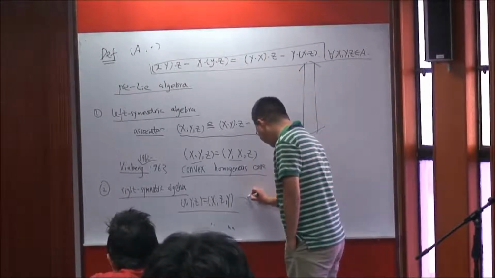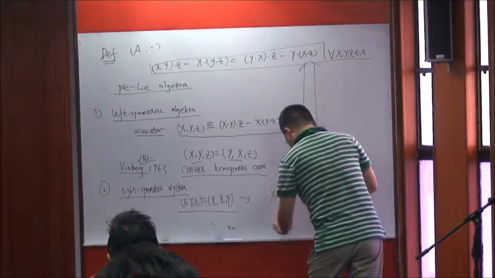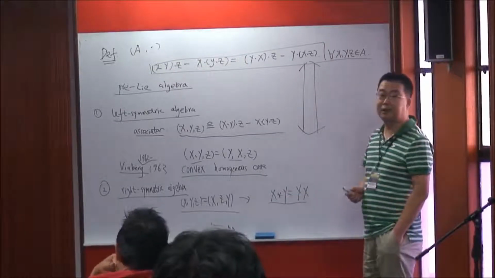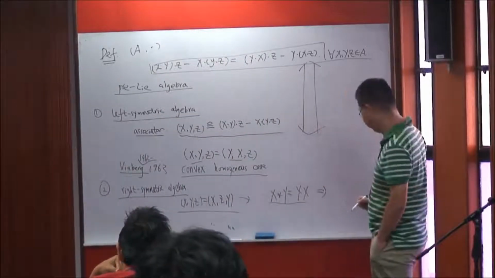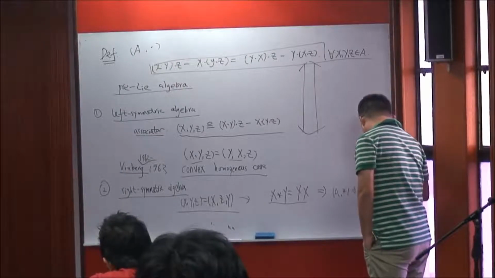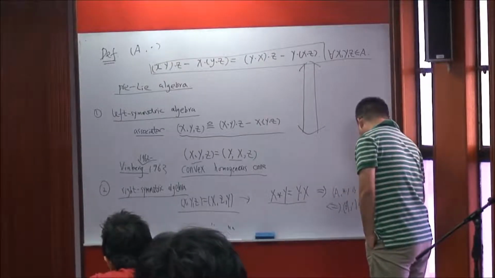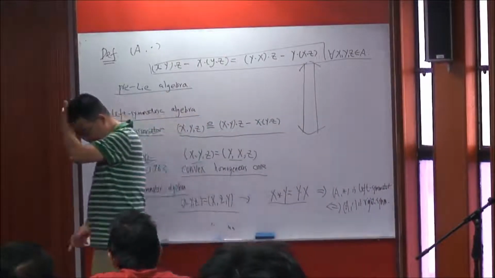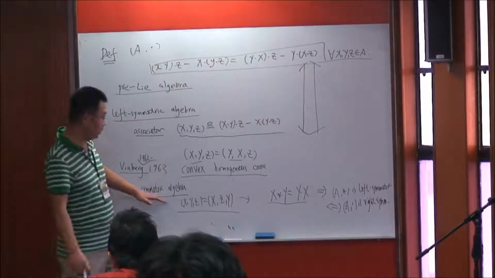If we define a product in the opposite algebra, x circle y equals y dot x, you can see it's very easy: A is left-symmetric if and only if the opposite algebra is right-symmetric. So the study of right-symmetric algebras is totally parallel to the study of left-symmetric algebras.